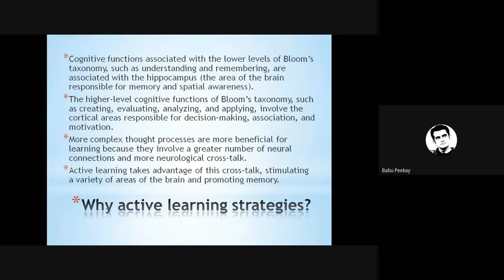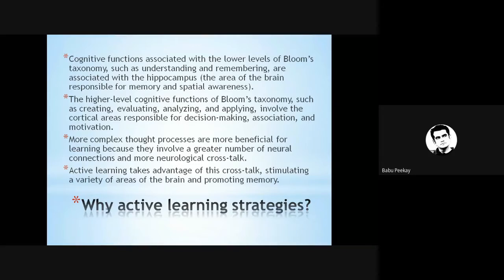If you combine these two statements, you would realize that more complex thought processes are beneficial for learning because they involve greater number of neural connections and neurological crosstalk. We want mental processes which would connect all the areas mentioned in Bloom's taxonomy, all levels like understanding, remembering, creating, evaluating, applying, analyzing, and so on, for which we need variety, we need action.